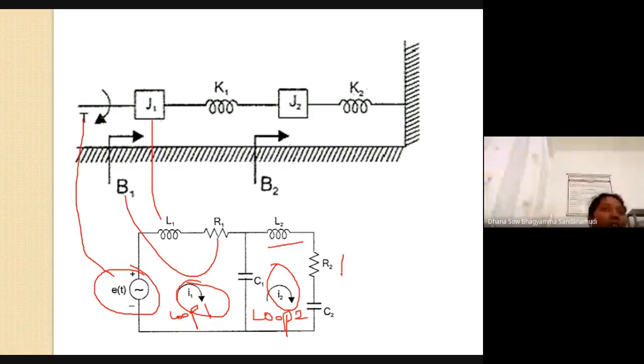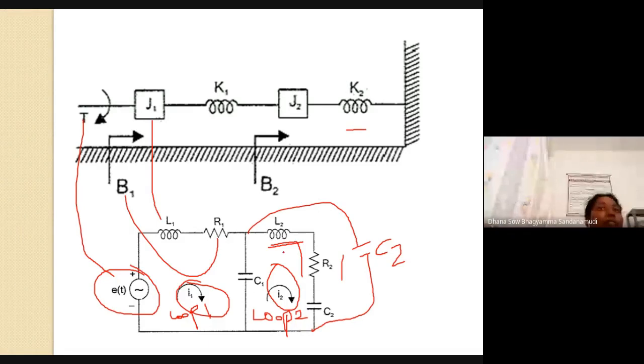What is B2? R2. Next, what is K2? It is 1 by C2. Since it is 1 by C2, you have connected it in series to R2 and L2. If K2 were analogous to C2, you might have connected the capacitor like this.